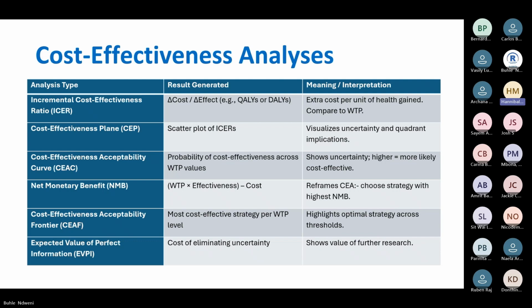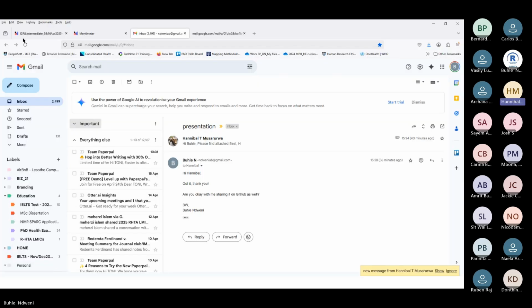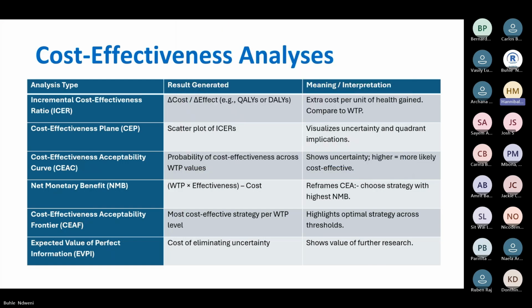Okay, so I think the most important one that people often use is the incremental cost effectiveness ratio, which really speaks to the amount of change in the cost as a ratio relative to the change in the qualies or in the DALYs. So it means that for every extra cost in the intervention, if you are using DALYs as your measure of health outcomes, then with the increase in cost, you want that to also be going up.